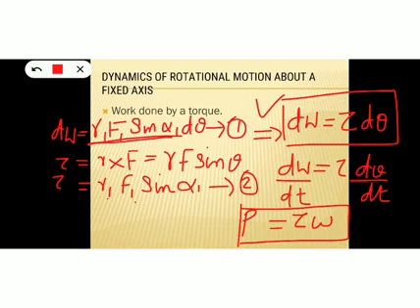Work done by the torque dW equal to tau into d theta. Also the power in rotational motion P is equal to tau omega. And what is angular acceleration? Angular acceleration alpha is equal to d omega by dt. Okay, children.